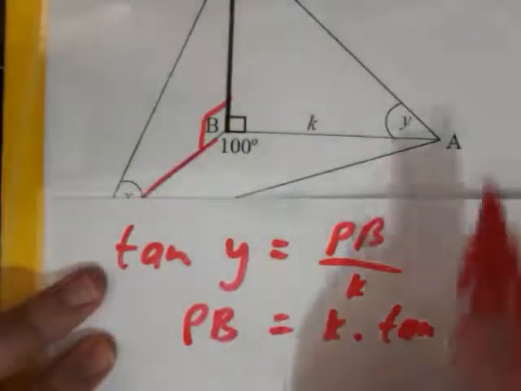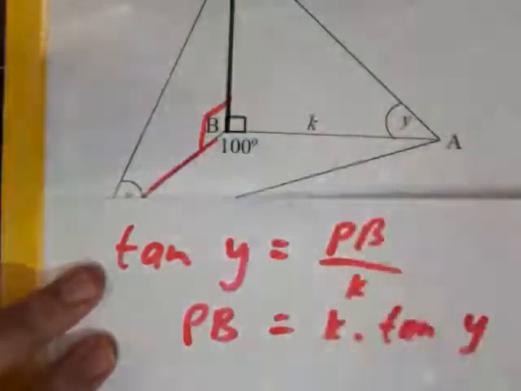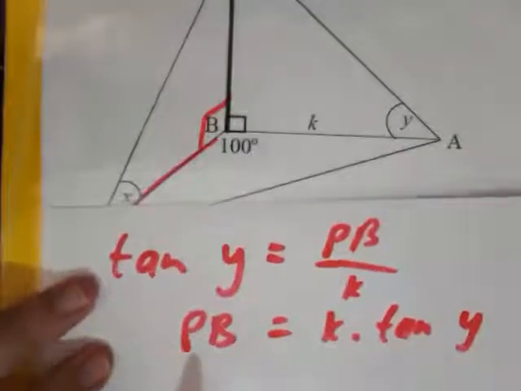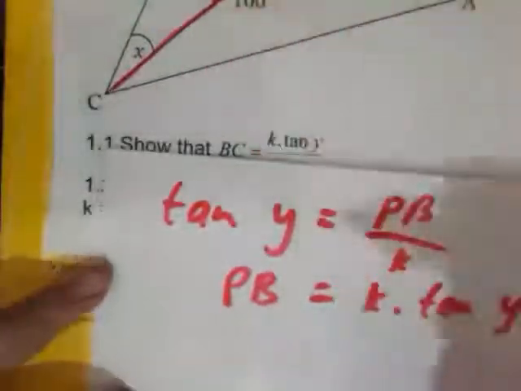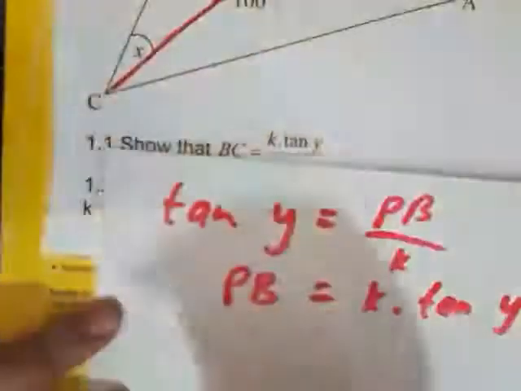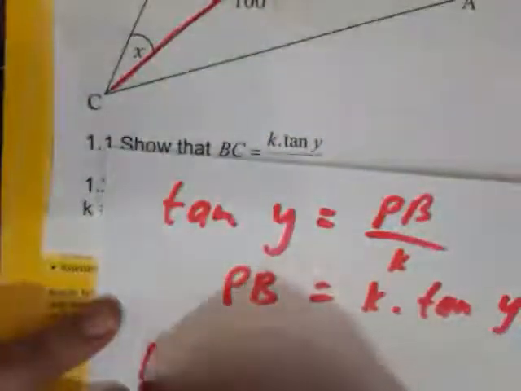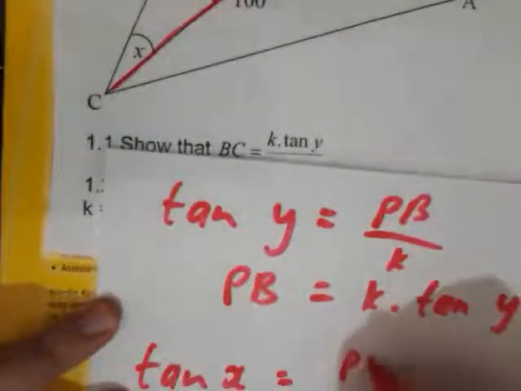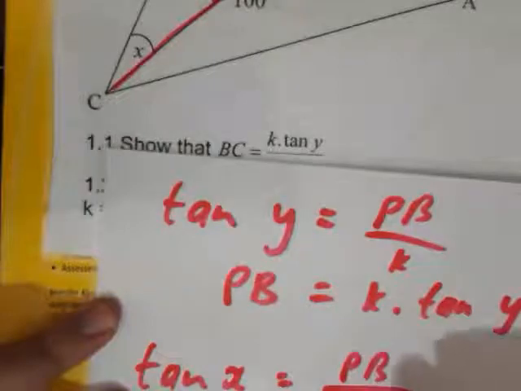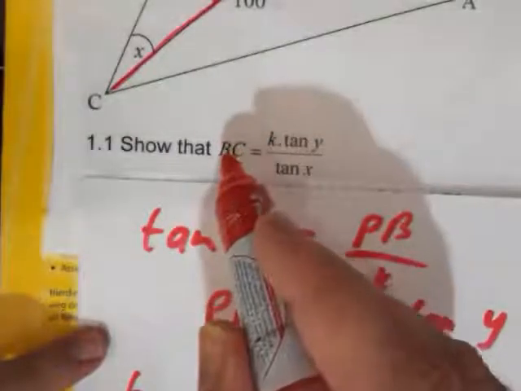Now you need to be very comfortable to change the subject of the equation in these questions because it happens frequently. Now we can look in our triangle PBC, and we can say tan of x is equal to PB over BC. Okay, there we have our BC.